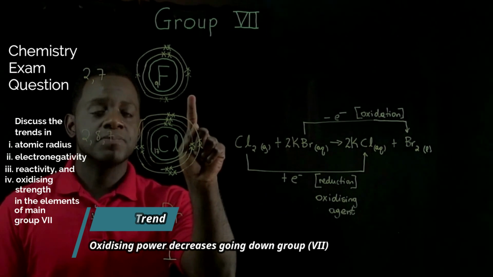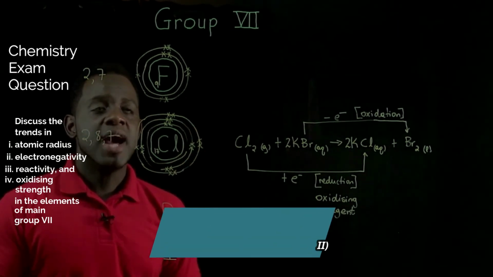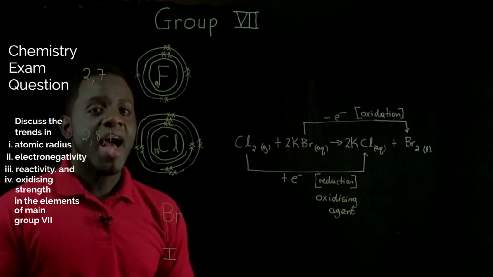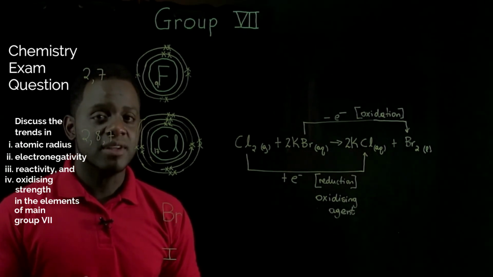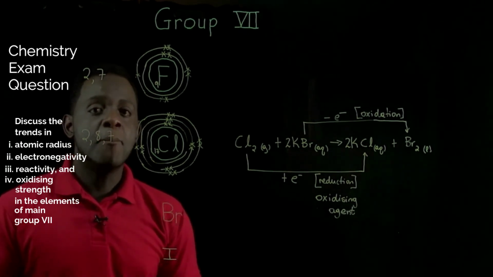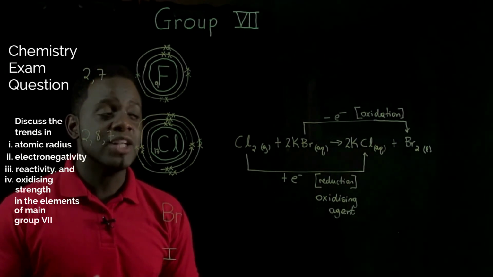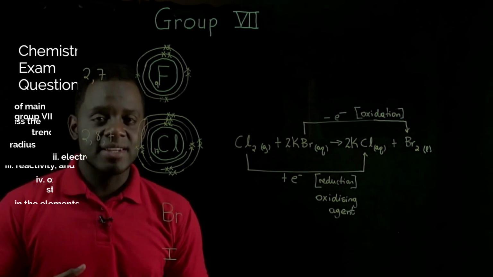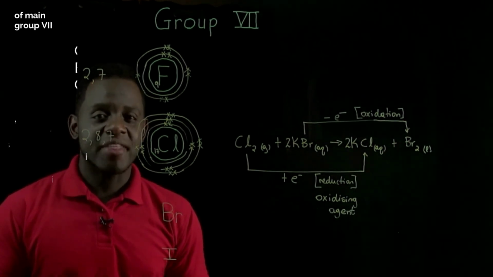So fluorine has the least shielding effect, the highest electronegativity. It is also the most reactive element in group 7, and it has the highest oxidizing strength.